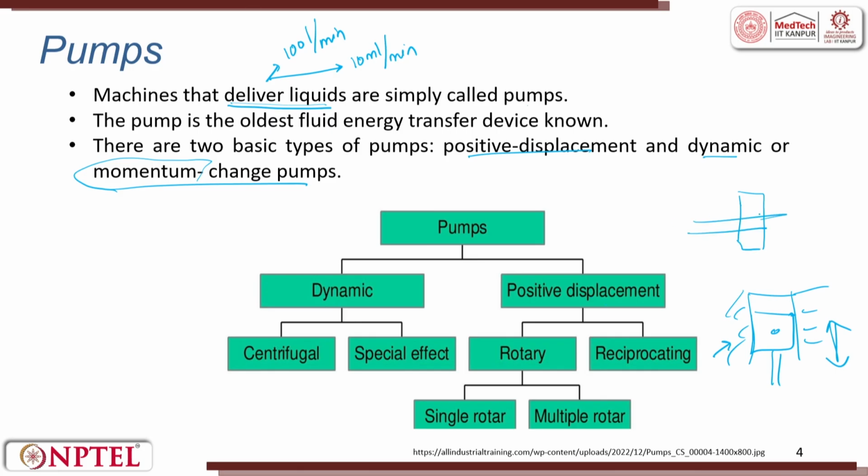This rotor is rotated inside a casing. So, that is rotary. Again, in rotary, it is classified as single rotor and multiple rotor. When we talk about dynamic or momentum change pump, it is classified as centrifugal pump or special effect pump.